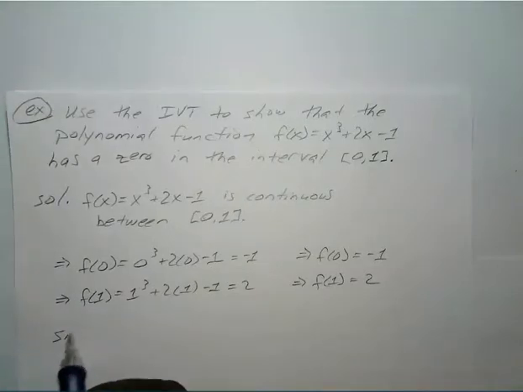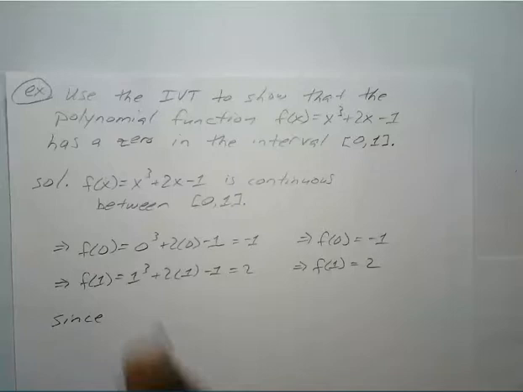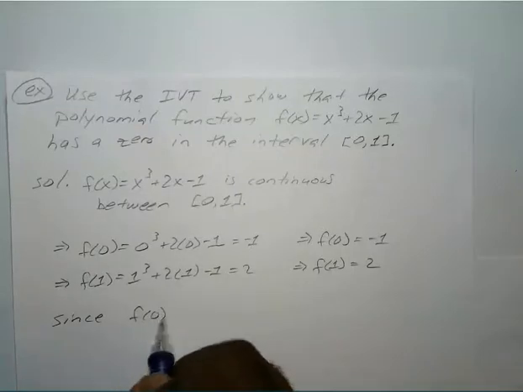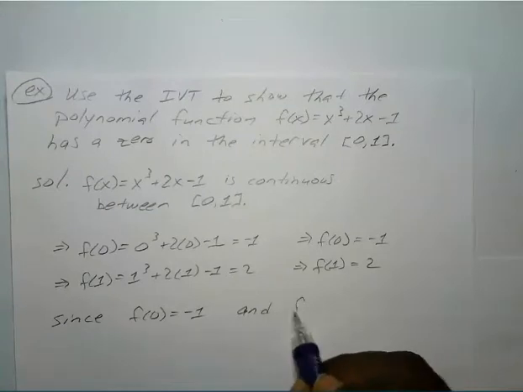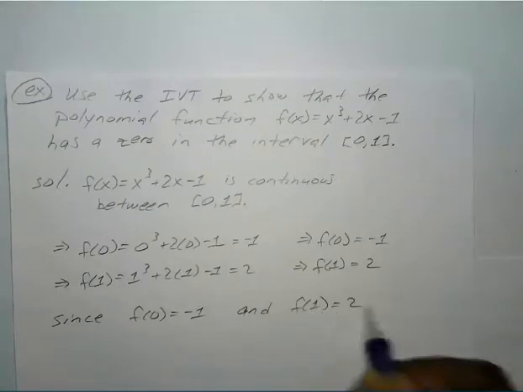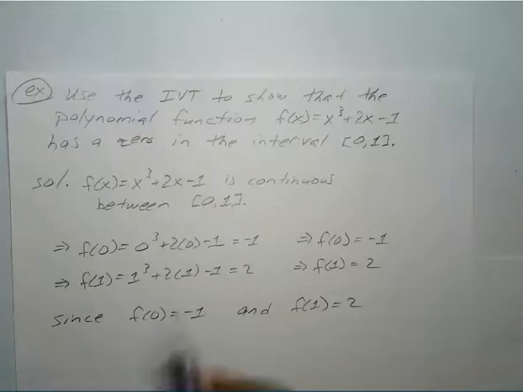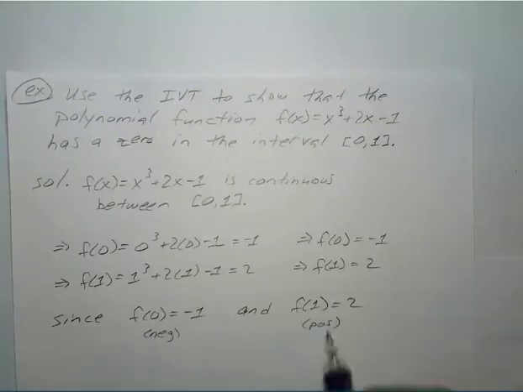So we know that since f of 0 equals negative 1 and f of 1 equals 2, remember this is negative and this is positive, that means if you're on the y-axis and you're negative, at some point you have to cross the x-axis, which is y equals 0, or f of x equals 0.